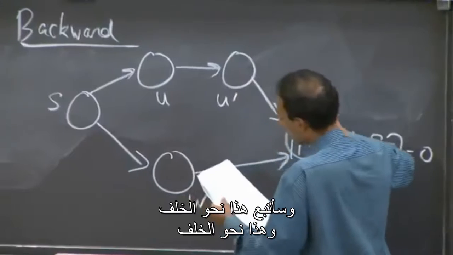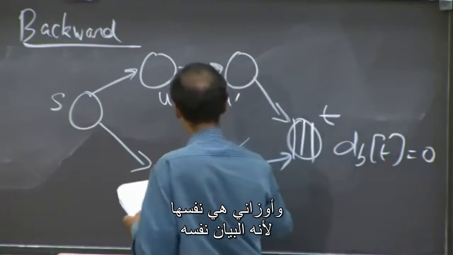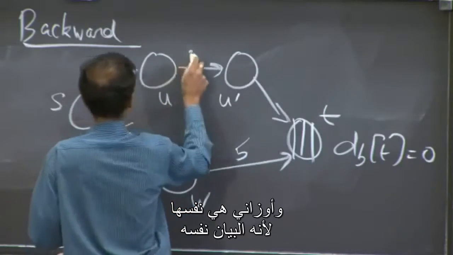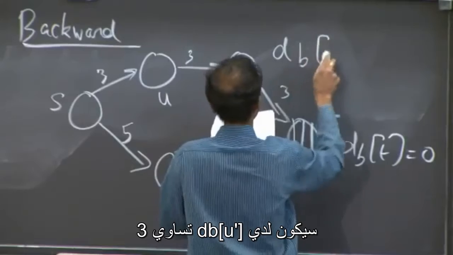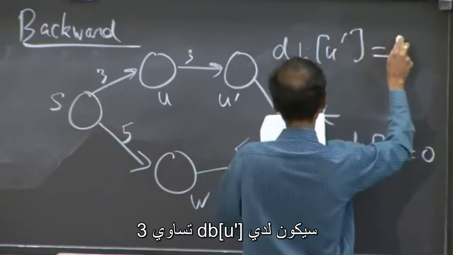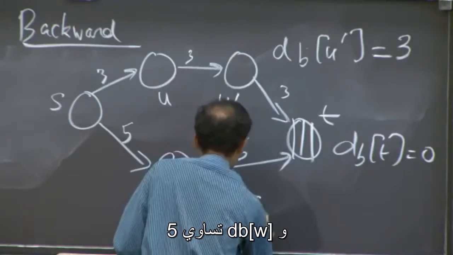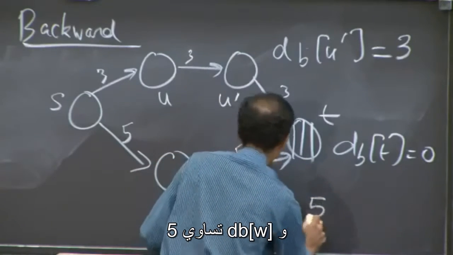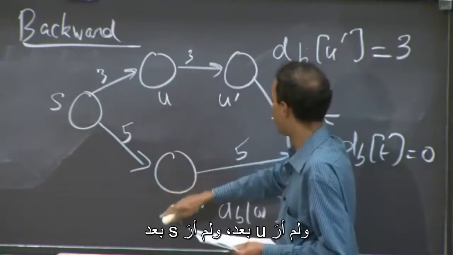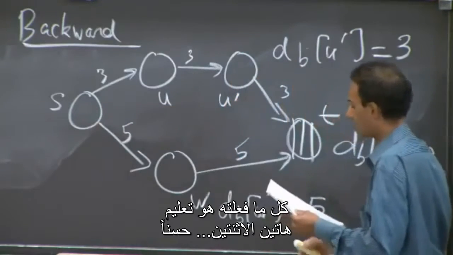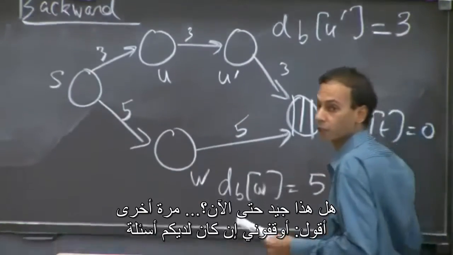I'm going to follow this backwards and this backwards, and my weights are the same, it's the same graph. So I'm going to have dB of U prime equals 3 and dB of W equals 5. I haven't seen U yet, I haven't seen S yet, so all I've done is mark these two. So far, so good?